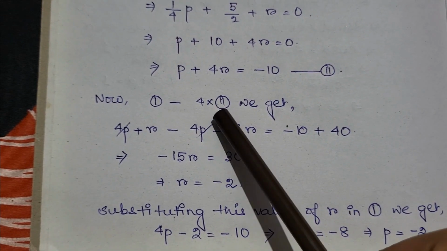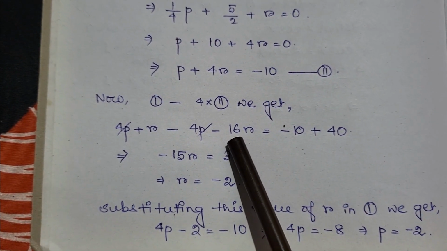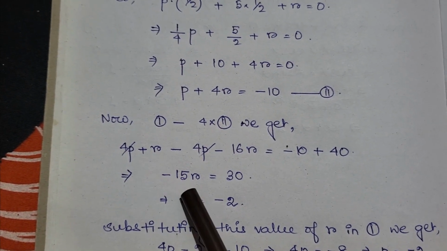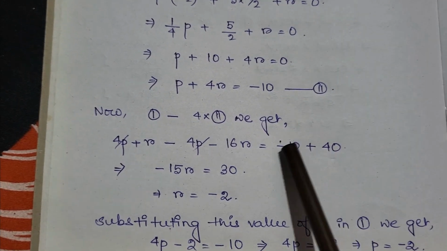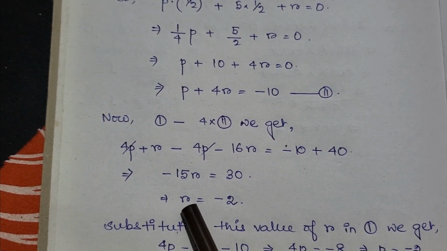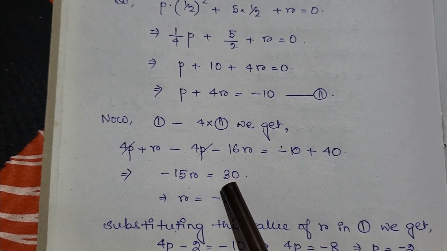On cancelling, we get 4p minus 4p cancels out, so r minus 16r, which is minus 15r, and plus 40 minus 10 is plus 30. So r is equal to minus 2, since 15 2s are 30.